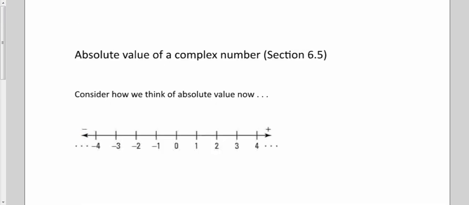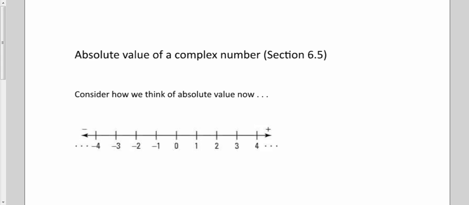I want to go into absolute value. I hate the term absolute value. I think I told you guys that at the beginning of the year. You guys remember me telling you that? The Brits, the Aussies, the Canadians, they all have a different name for it.